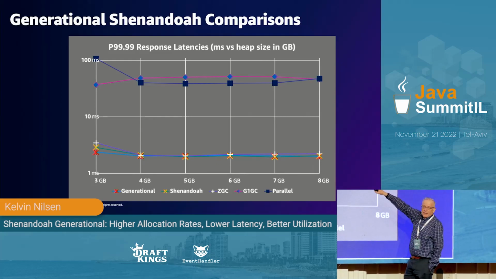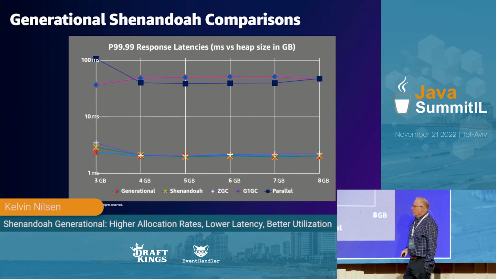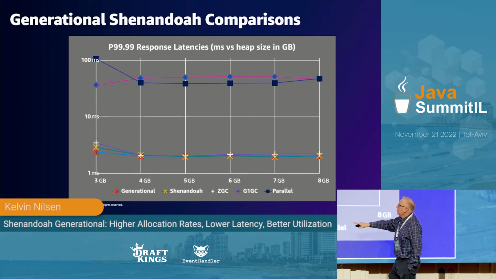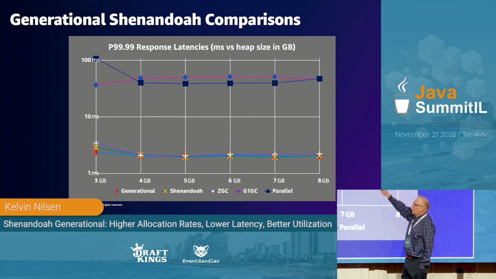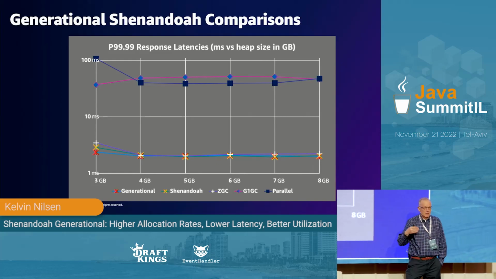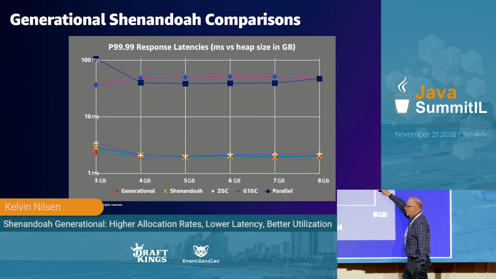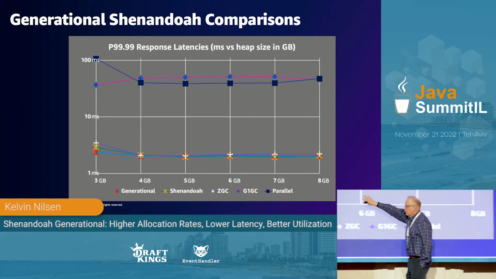This is at P99.99. Here you see the big divergence between parallel and G1 up here with latencies in the 50 to 60 millisecond range. And you see the pauseless garbage collectors all hover down here.